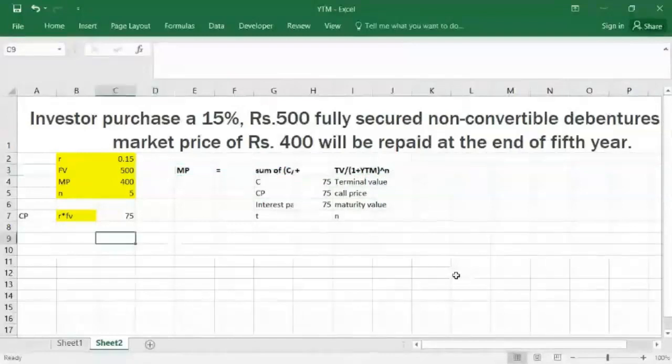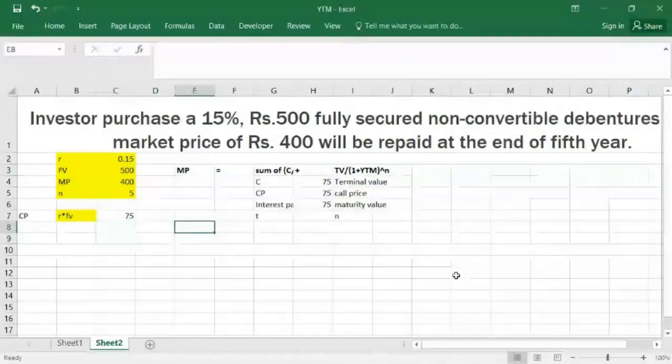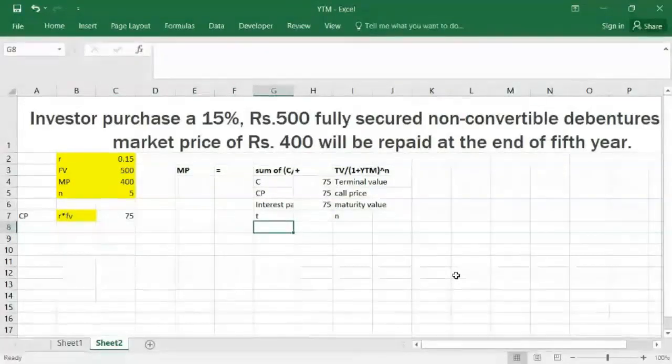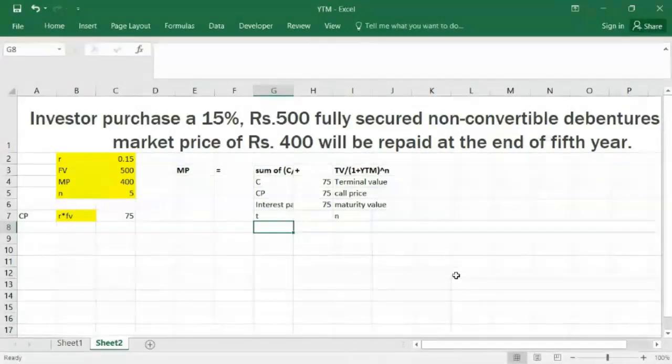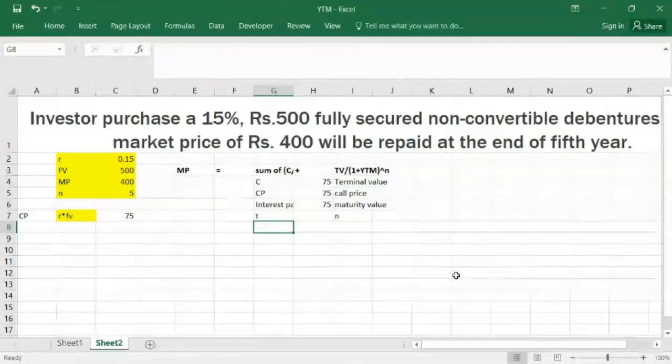Okay. So for how I can do yield to maturity, prior to that, hope you know the maturity price and whatever payment will be received, whatever income will be generated out of the instrument, can be converted into present value because the interest will be received in the future. Terminal value will be received at the end of the period.